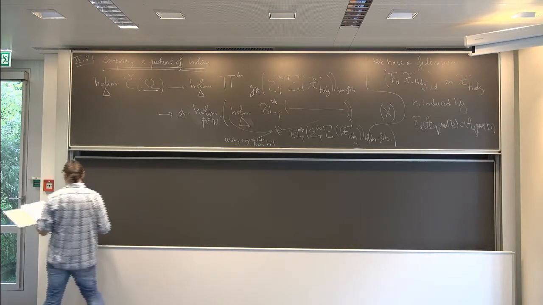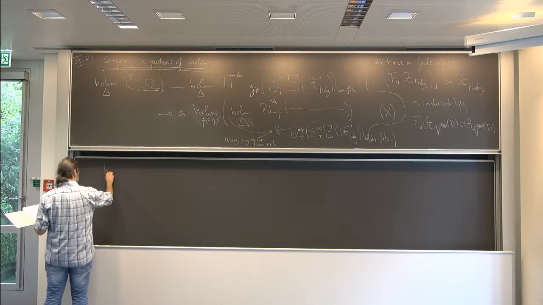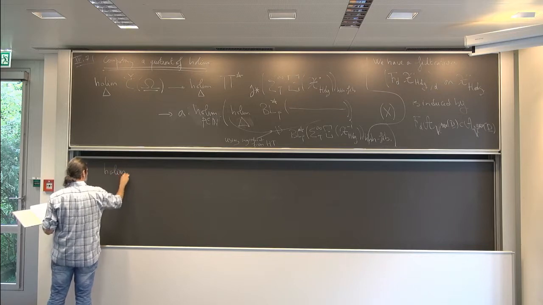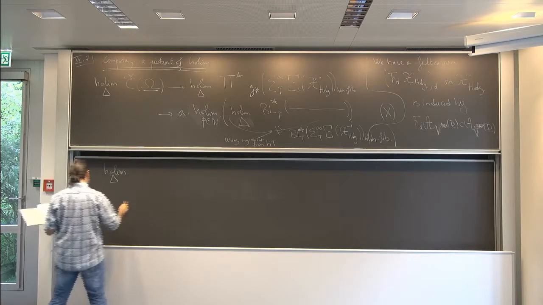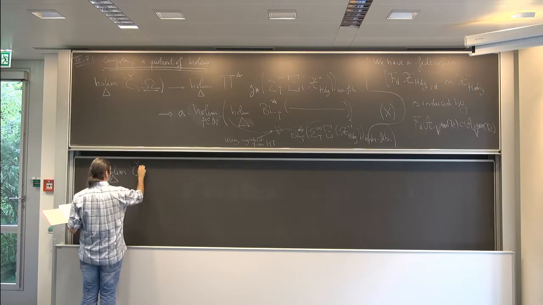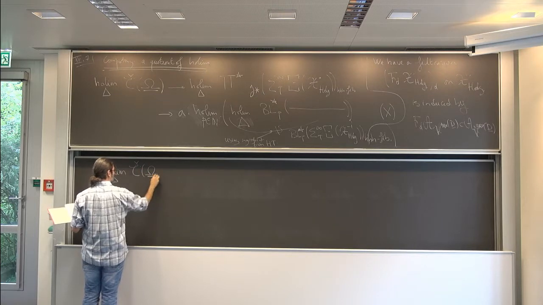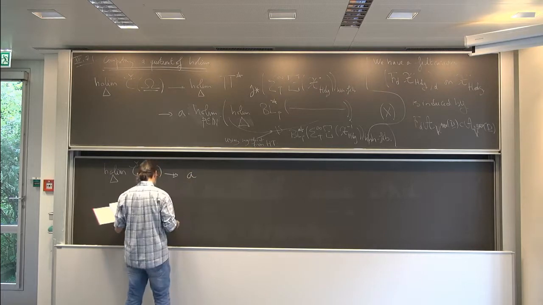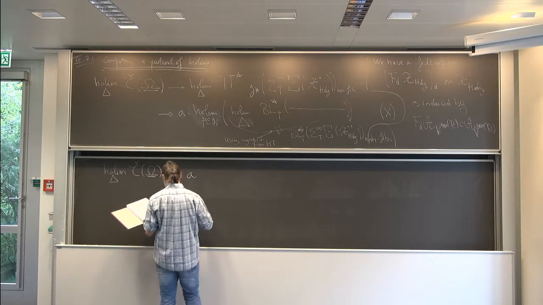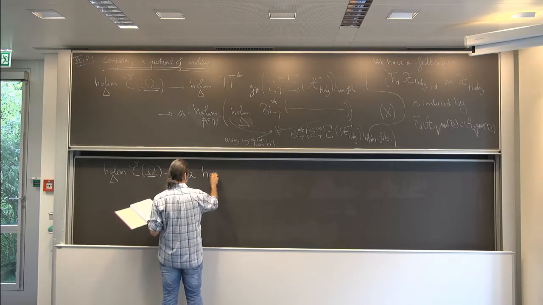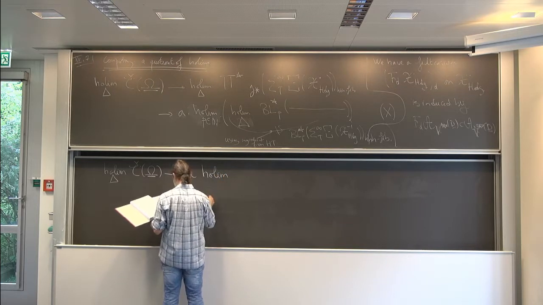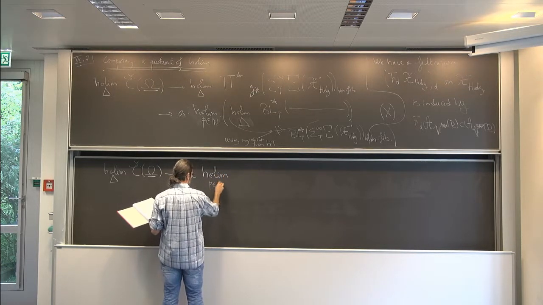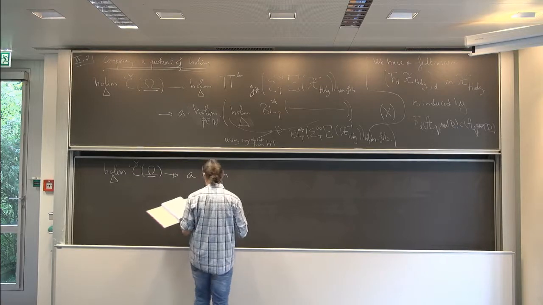So by this reasoning we obtain a map from the homotopy limit of Čech omega that goes to the associated complex of presheaves or spectrum, the homotopy limit of the tower, the Bloch-Levin tower.